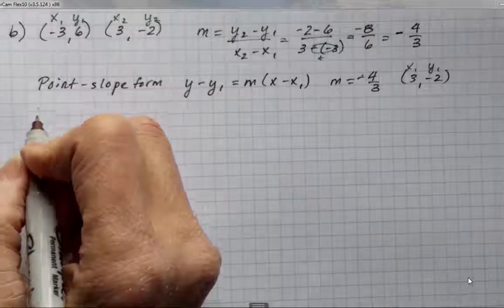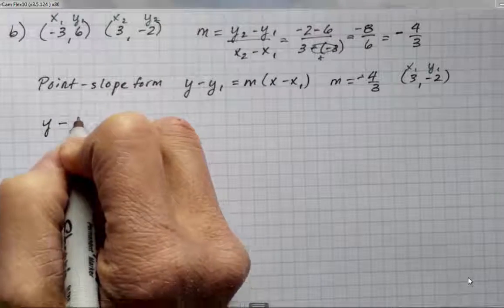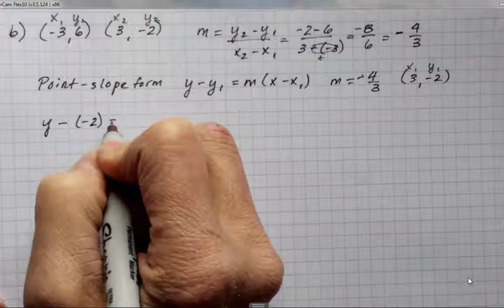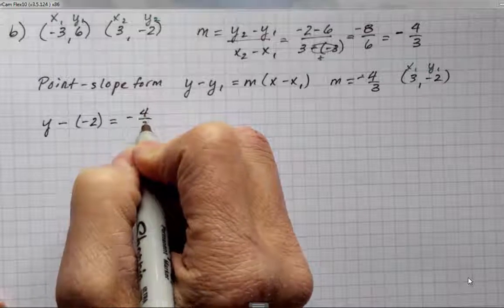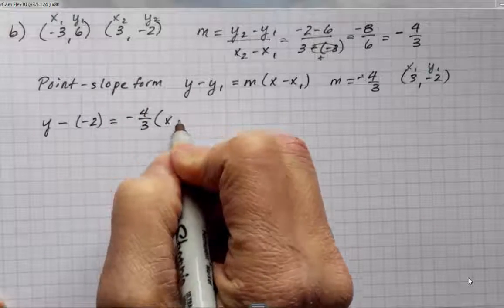So now, using my formula, y minus y sub 1, which is negative 2, is equal to negative 4/3 times the quantity x minus 3.